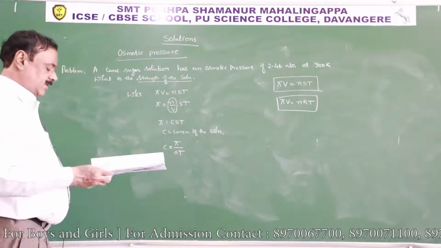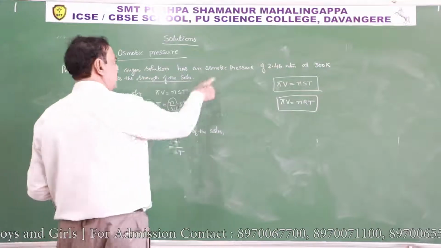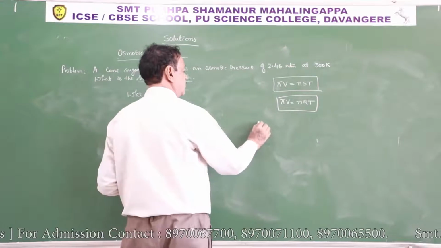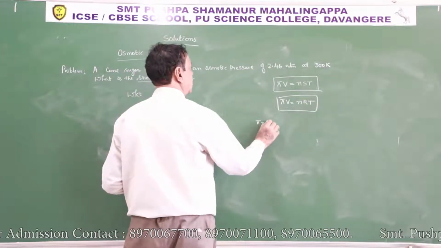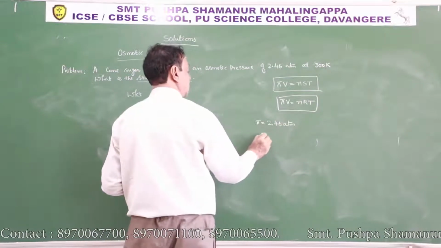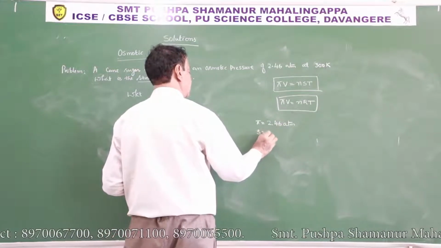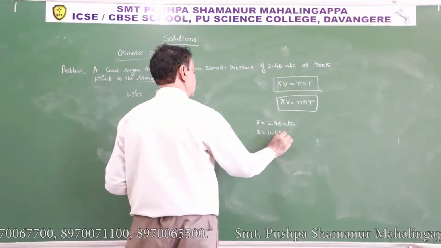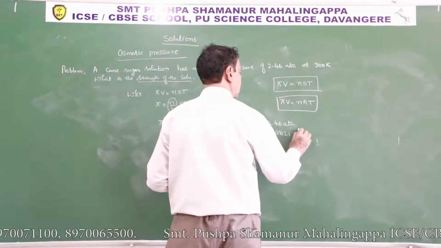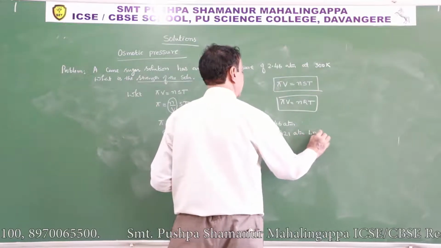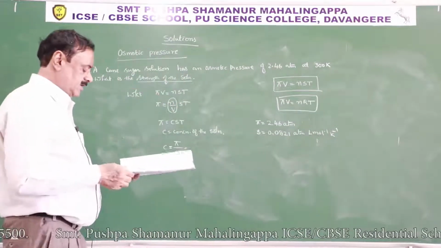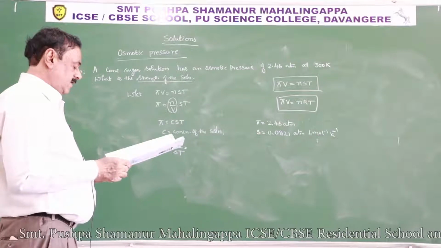The pi value is mentioned in the problem, that is pi is equal to 2.46 atmosphere, and S value in this system is 0.0821 atmosphere liter per mole per Kelvin.